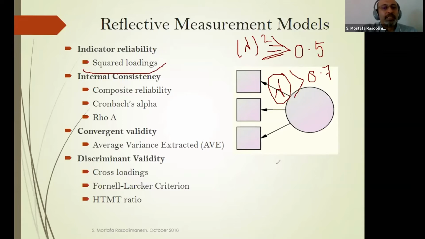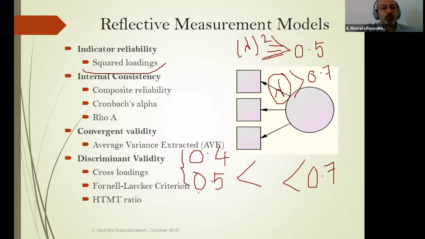So loading should be higher than 0.7 for indicator reliability. But actually, as we discussed in factor analysis, a loading between 0.5 and 0.7 is possible. Some literature says 0.4. But it's better to stick to 0.5. Still, 0.4 to 0.5 can be acceptable if other criteria can be met.